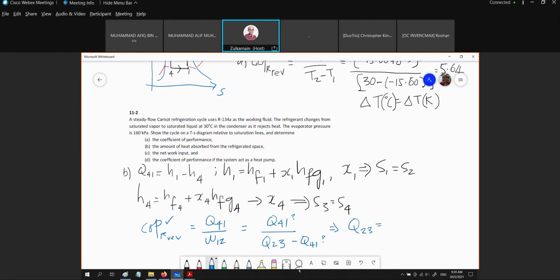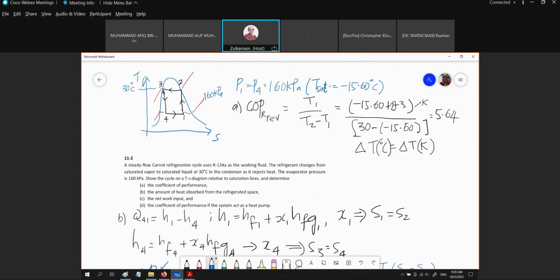Because the Q23 is based on the isothermal heat rejection, we could write this as T2 times S3 minus S2, where S3 is SF and S2 is SG.